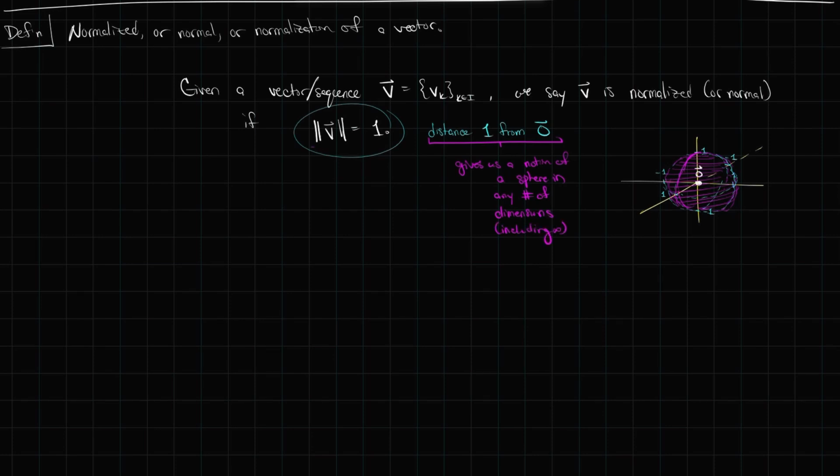There's nothing really requiring us to be in a finite number of dimensions if we just require that the norm of something is equal to 1. And so really more than the sphere, the unit sphere is what we have a notion of. But you could restrict anything to a fixed norm. Say the norm needs to be equal to 11, and then you have a notion of a sphere of radius 11. So this is what we call normalized, and the unit sphere is the common sphere to talk about.